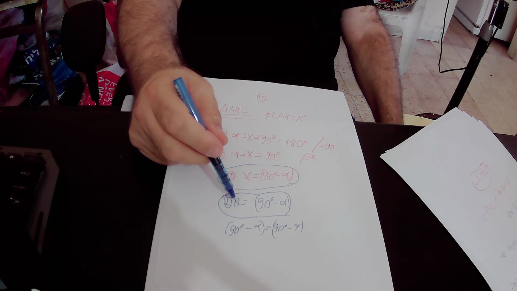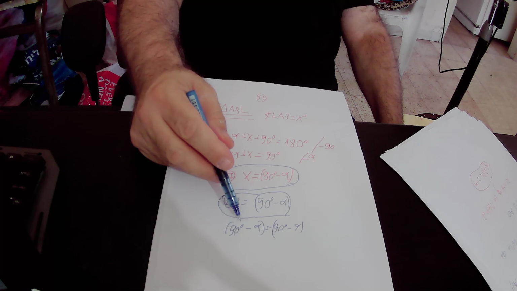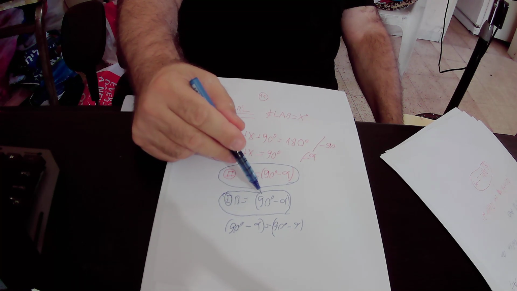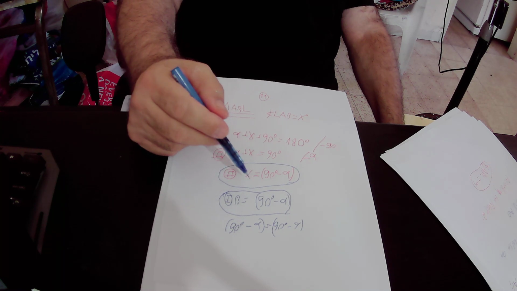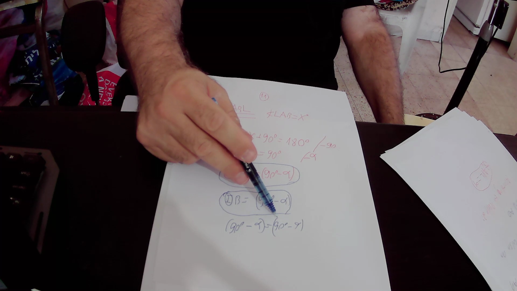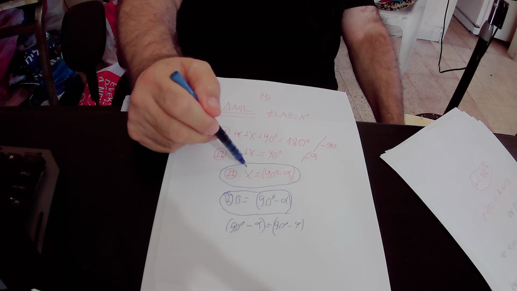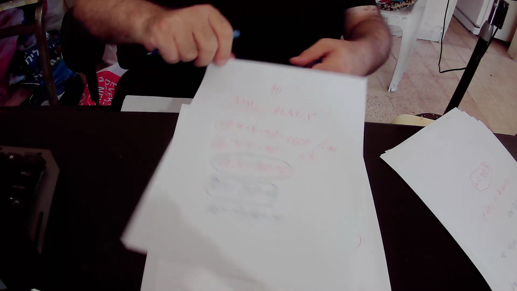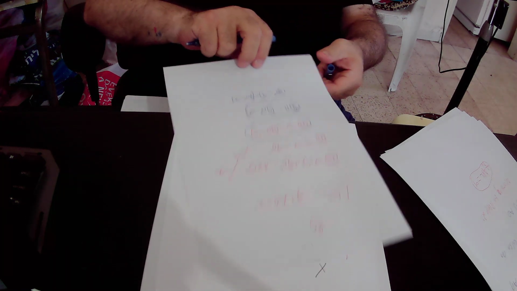So we can substitute 90 degrees minus alpha by beta, because beta equals 90 degrees minus alpha, and we can substitute 90 degrees minus alpha on this side of the equation by x, because x equals 90 degrees minus alpha.